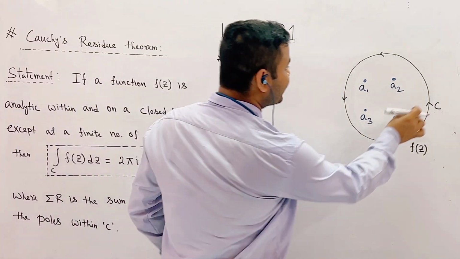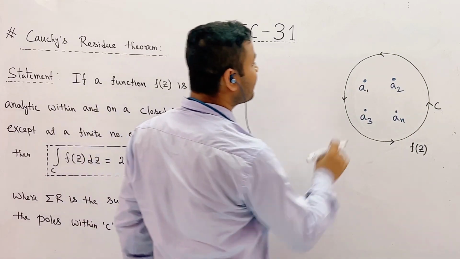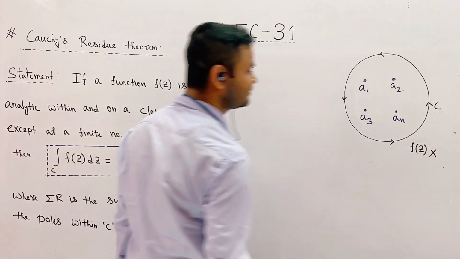Students, suppose we have a closed curve C, and within this closed curve C we have a finite number of poles where the function f of z is not analytic.